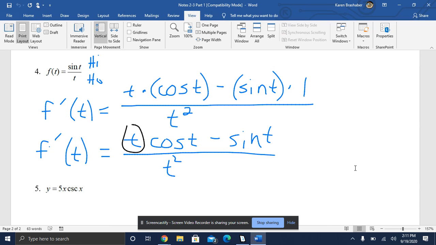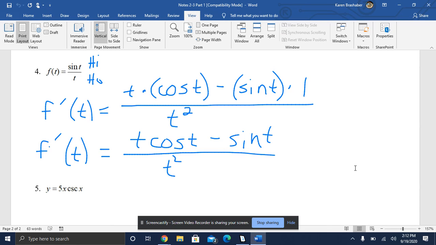It's not t times the parentheses of cosine t minus sine of t. It's t and then multiplied by just the cosine. And so you cannot cancel that. It is not like what I did in problem number 3. So you may want to look that over again.